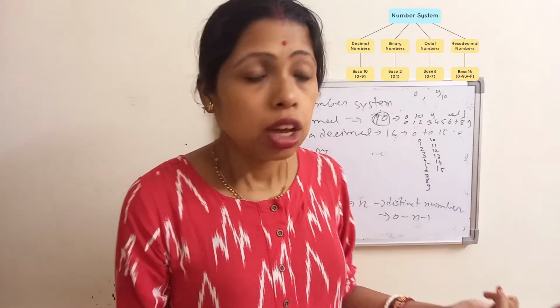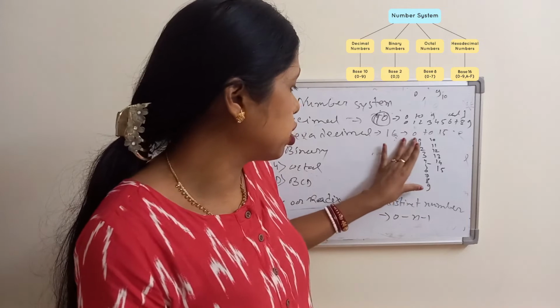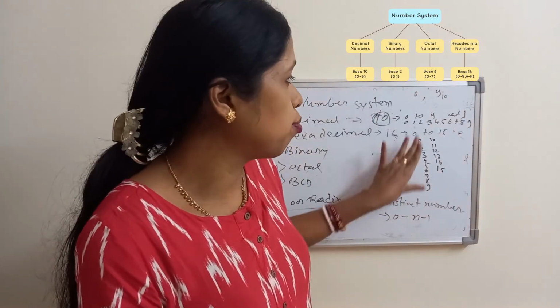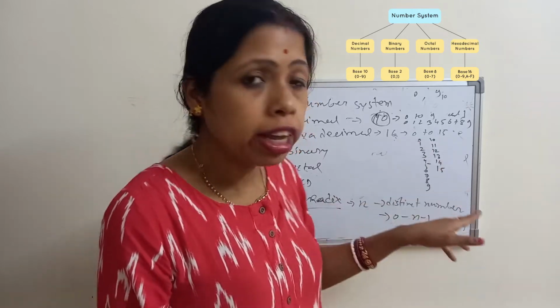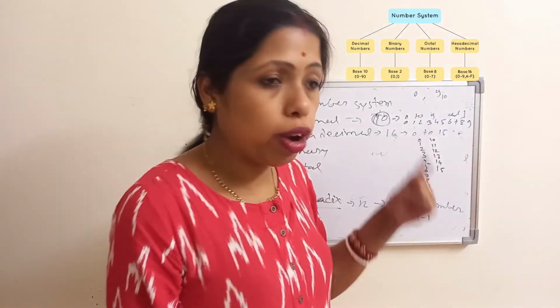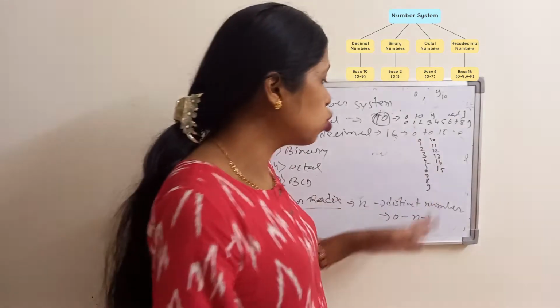If you convert hexadecimal to decimal, 0 to 9 are the same for decimal and hexadecimal. But if you go after 9 to 10, which consists of 1 and 0, that 1 and 0 are already there in decimal, but that 10 and this 10 are different.